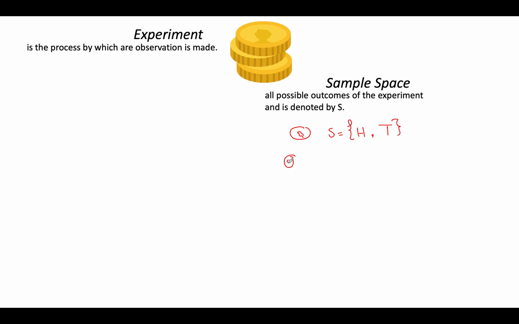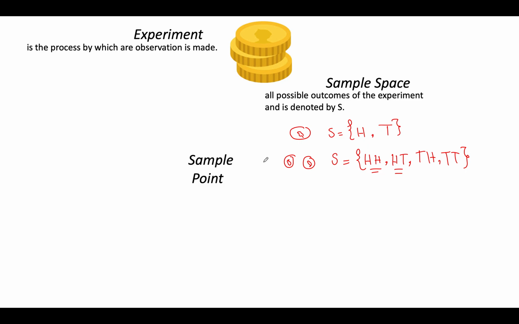In case I toss two coins, then I might get head head, head tail, tail head, or tail tail. So we call all the possible outcomes a sample space. Now each element of the sample space is called a sample point.